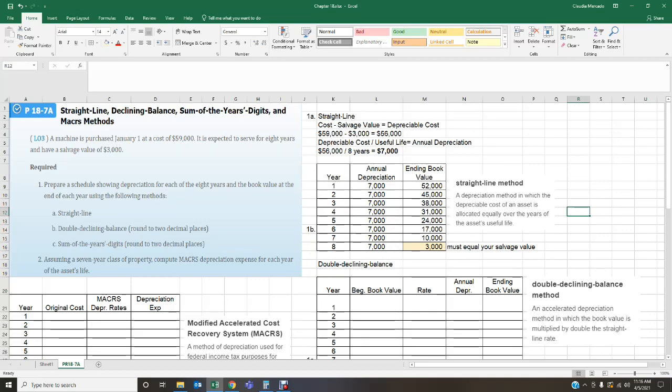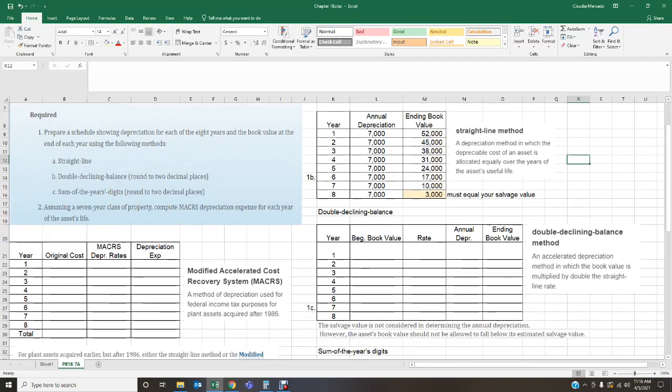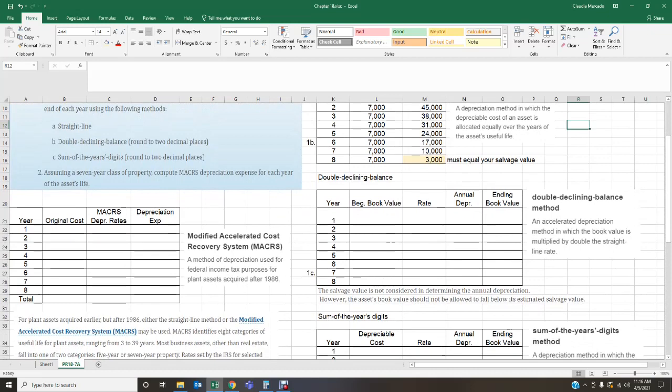This is the most basic type of depreciation that is used, okay? Now, letter B is double declining balance method. The double declining balance method is an accelerated depreciation method in which the book value is multiplied by double the straight line rate. The salvage value is not considered in determining the annual depreciation.